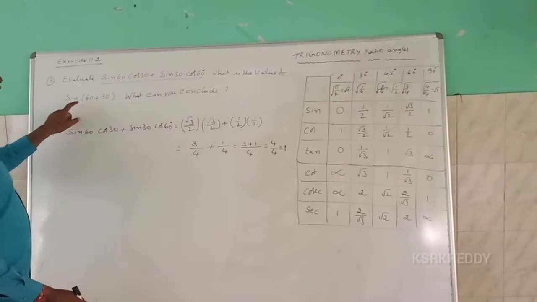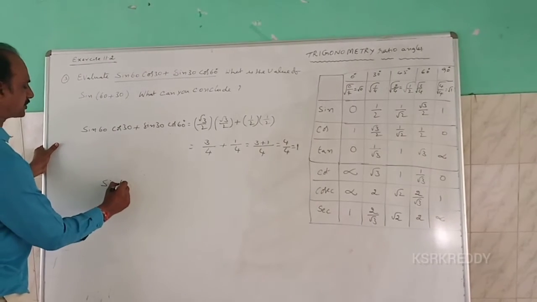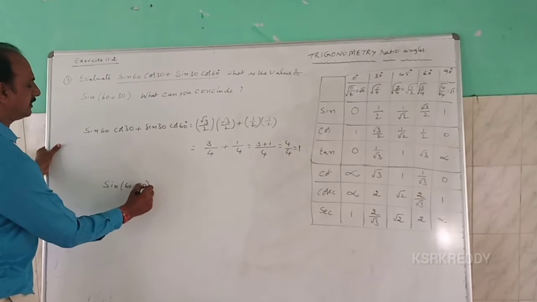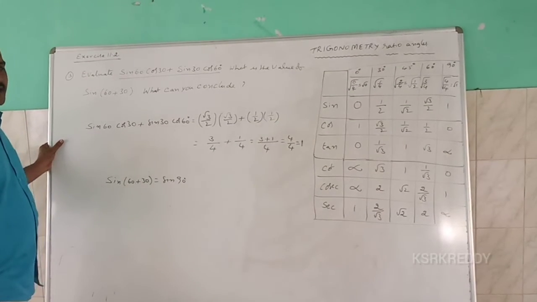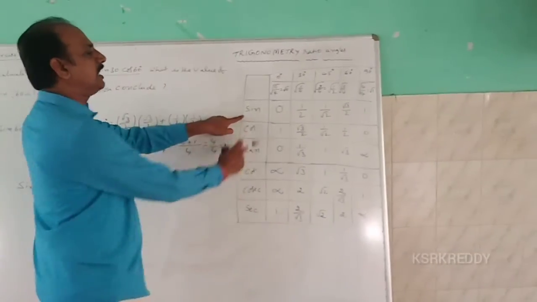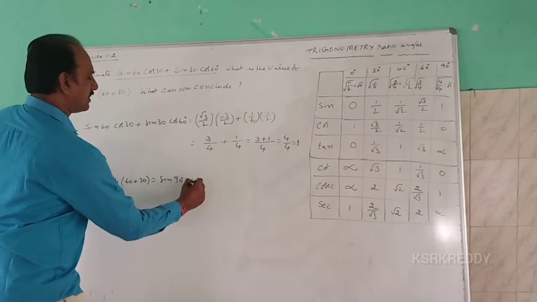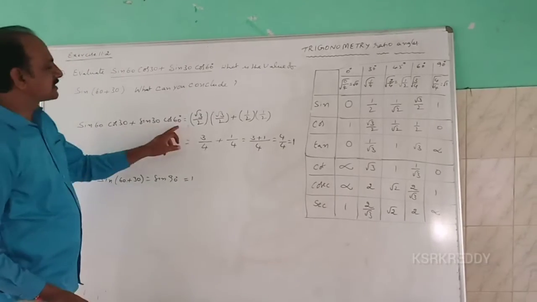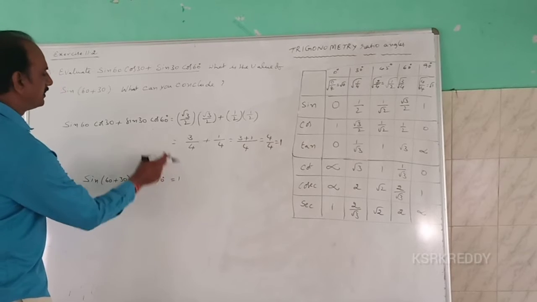And the other value, sin of 60 plus 30, is equal to sin 90. What is the sin 90 value? Sin 90 equal to 1. So this result is equal to 1, and this result also has value 1.